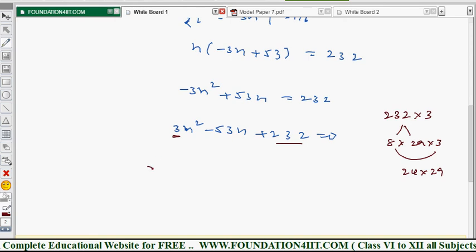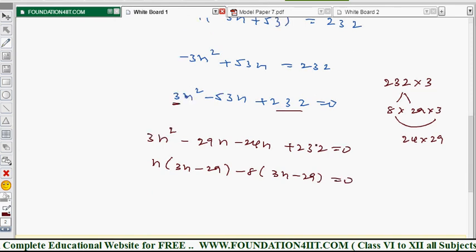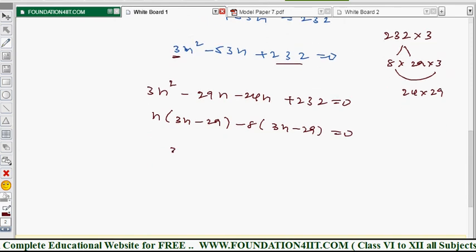That's why you can write like this: 3n square minus 29n minus 24n plus 232 is equal to 0. Then take n common, n into 3n minus 29, minus 8 common, 3n minus 29 is equal to 0. Simplification is simple now. So 3n minus 29 into n minus 8 is equal to 0.